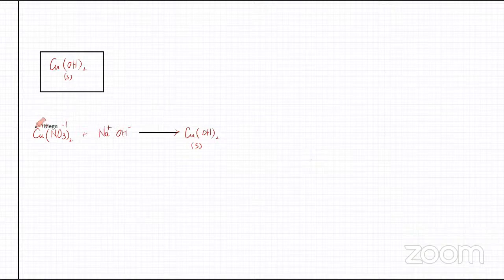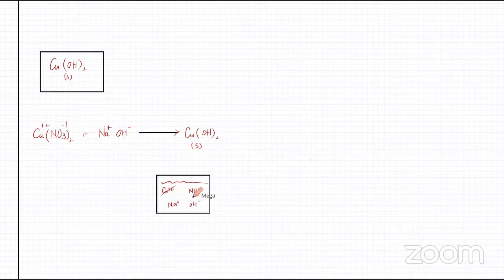So the moment I mix them together, because all of them are soluble, my solution will have all these ions floating around: copper ions, nitrate ions, and Na ions and OH ions.